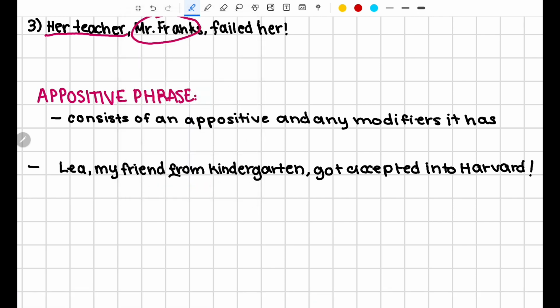The words from kindergarten modify my friend because they describe her. They describe since when has she been my friend. So our appositive phrase in this case is my friend from kindergarten.